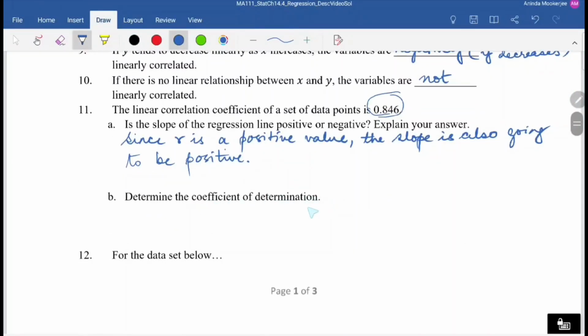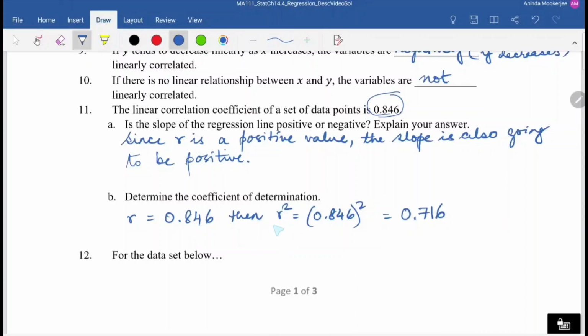Determine the coefficient of determination. The coefficient of determination is r squared. If you're given r, then you can just square the r value to get the coefficient of determination. So if r equals 0.846, then r squared is 0.846 whole squared, which will give us a value of 0.716.